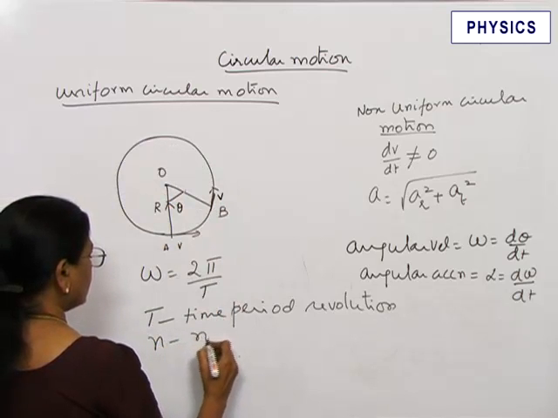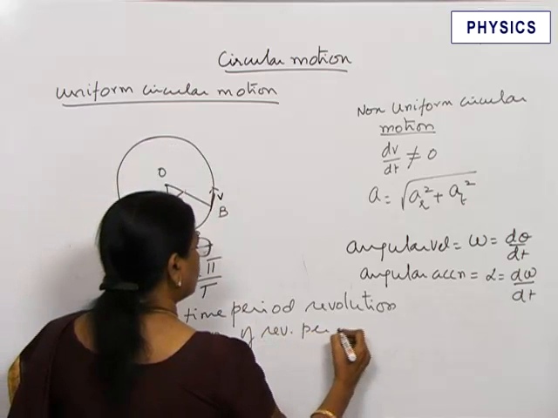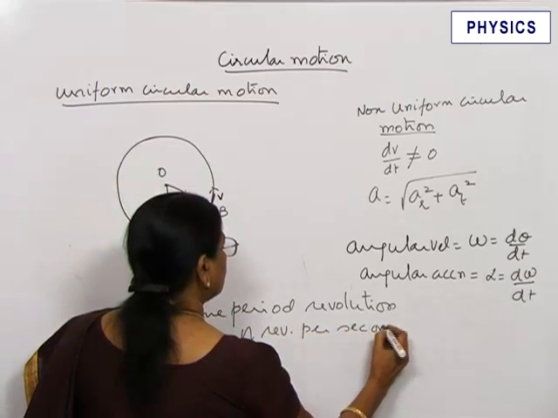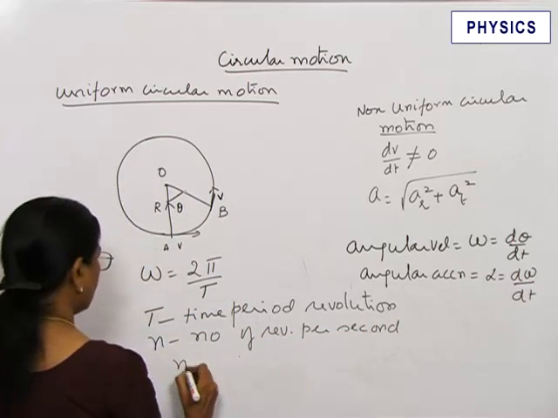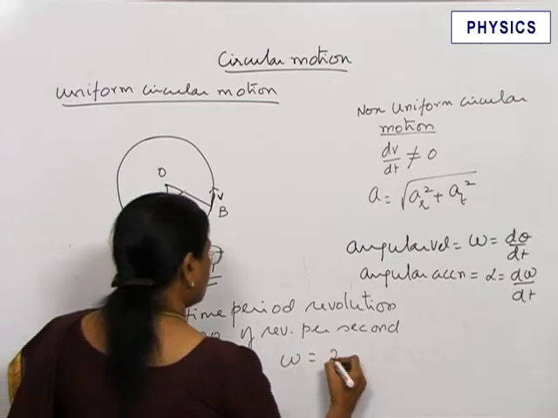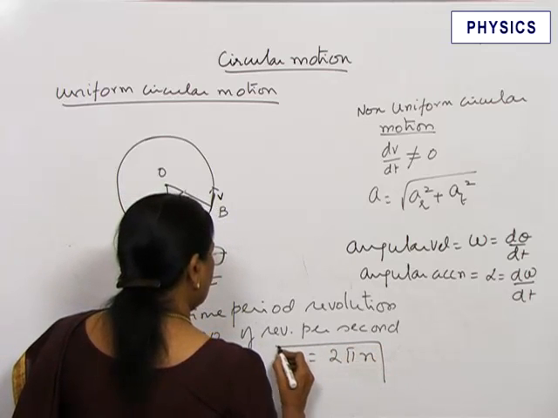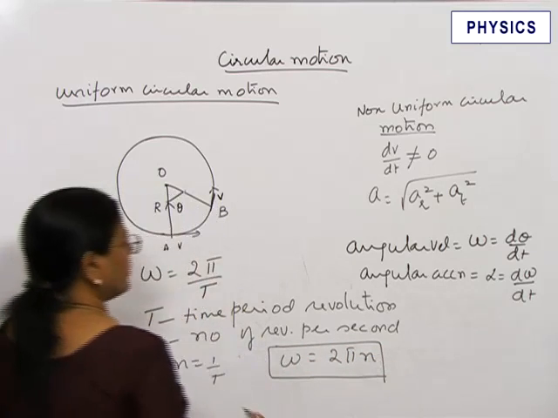N is the number of revolutions per second or frequency, then n equal to 1 by T, therefore omega becomes 2 pi n. This formula will be used in the problems.